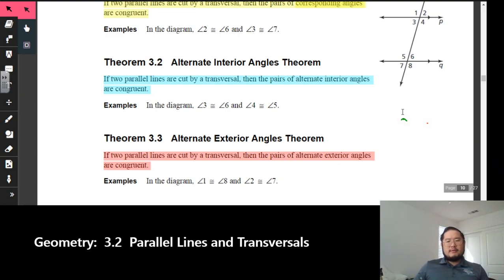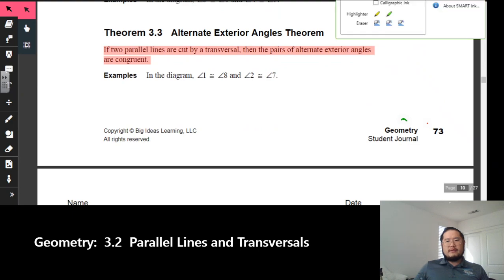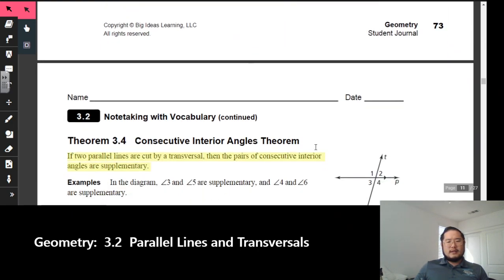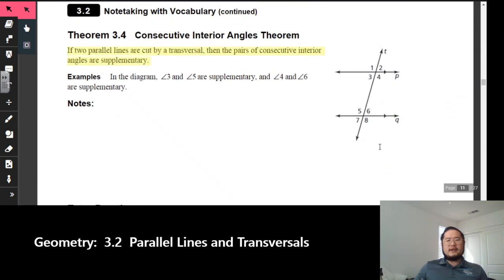And then the last theorem that we have in this section is that of consecutive interior angles. Now, these ones are different. Consecutive interior angles, when I take a look at angles 3 and 5, they do not look like they are congruent at all. Because they're not. What they're saying is that these two angles, consecutive interior angles, are supplementary.